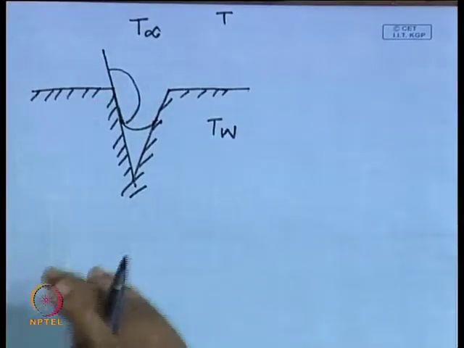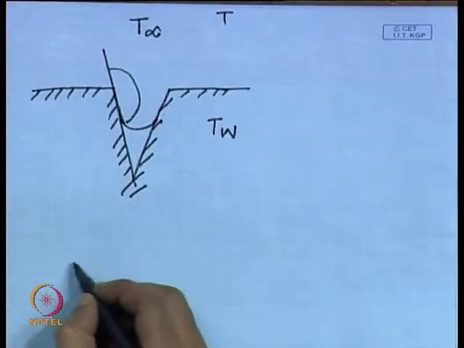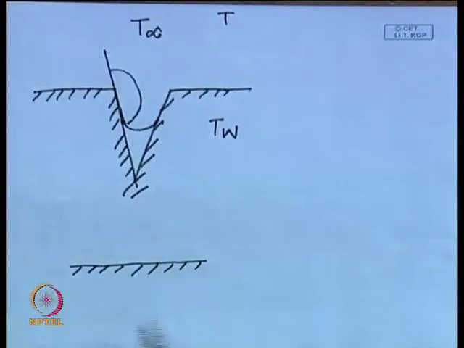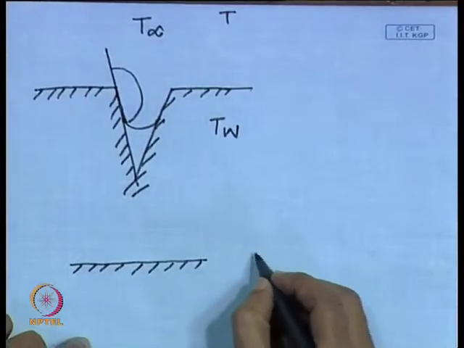Now, what happens on a flat surface when boiling is taking place? If there is a bubble on the flat surface, we can have a contact angle, and that contact angle is called theta.